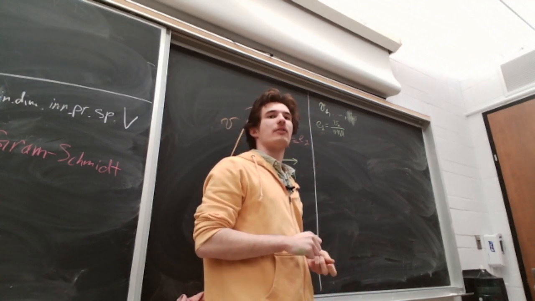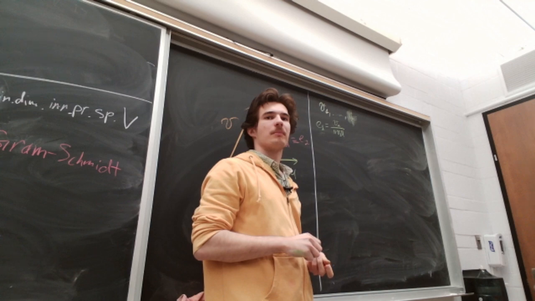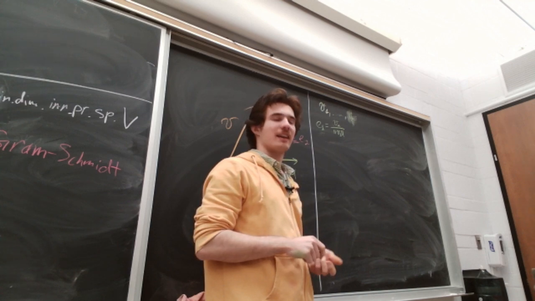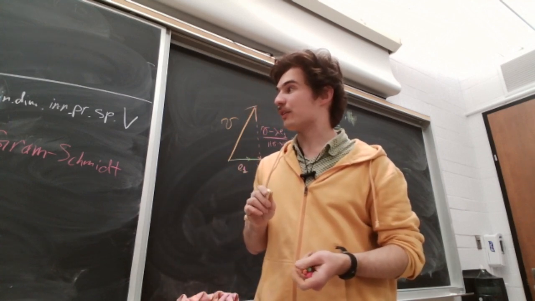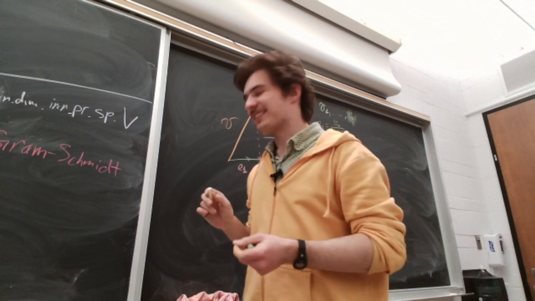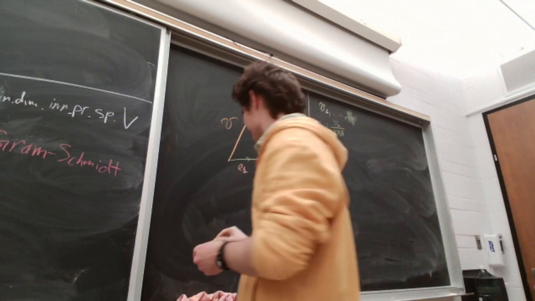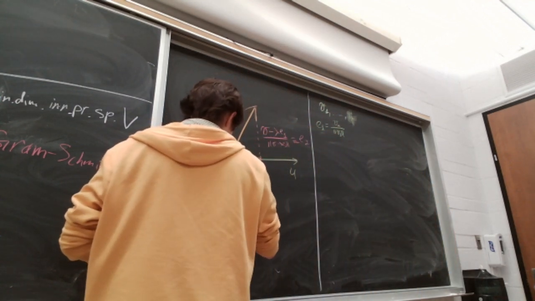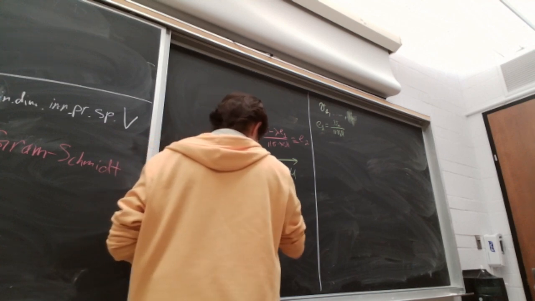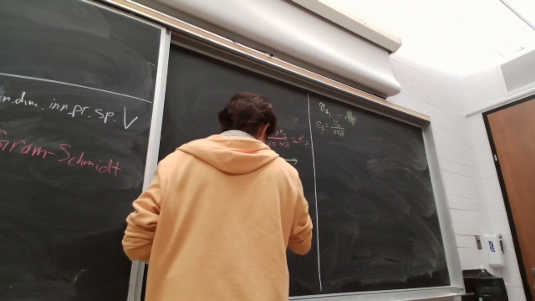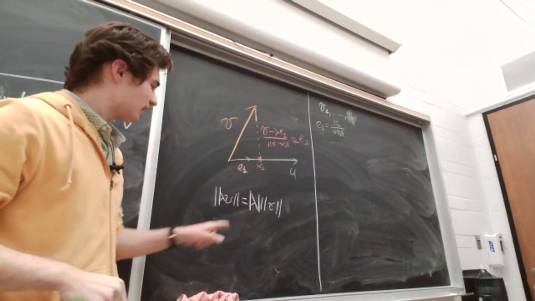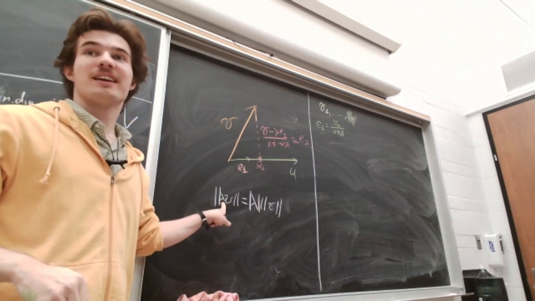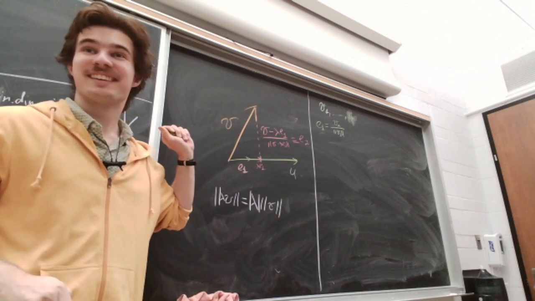Oh, I forgot another condition for the norm at the very beginning. We didn't even prove it when we did inner product spaces. There was one condition for the norm. Oh, this is bad on the video. That's okay. The other condition for the norm, write this in your notes: the norm of lambda V is the absolute value of lambda times the norm of V. If you scale a vector by lambda, then its norm should be scaled by lambda.